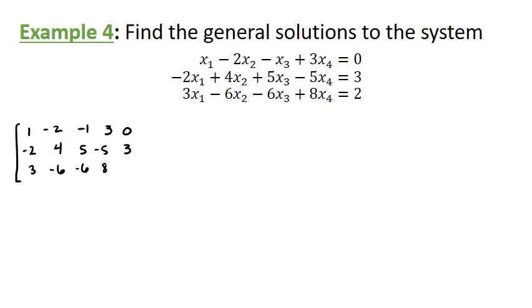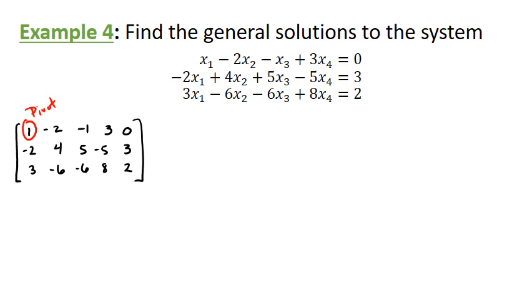I strongly encourage you to check your answers. Okay, now looking at this, I'm pretty happy because this is a pivot and it's already 1. So remember, everything below that pivot needs to be 0.